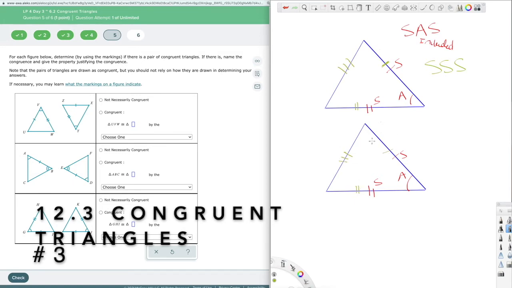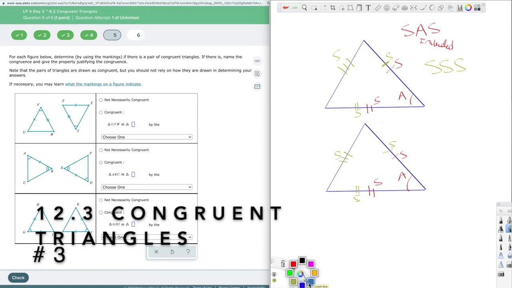Sorry about that. I was going with just the green here. So we're showing that all 3 sides of one triangle are congruent to all 3 sides of another triangle. So we can literally go side, side, side. So these are congruent triangles using that theorem.